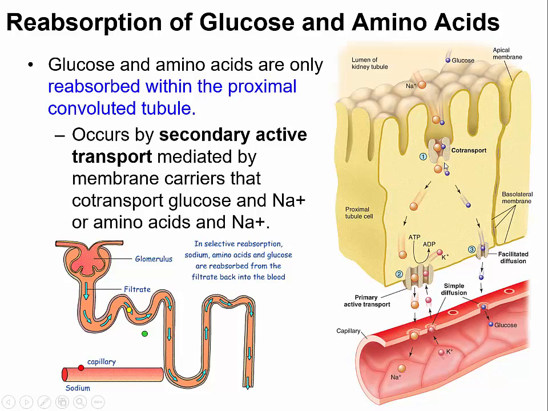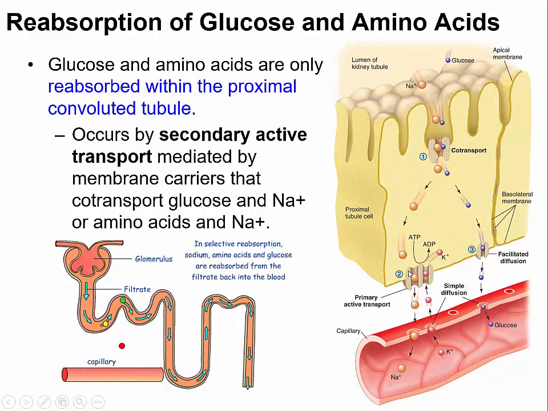So remember that in secondary active transport, you use ATP, but it's used indirectly. So where's the ATP being used? Here's that sodium-potassium pump on the basolateral membrane. In order to keep sodium low here in the proximal convoluted tubule so that sodium continues to move down its concentration gradient, you have to pump sodium out here. You're moving 3 sodiums out for every 2 potassiums in. Remember, sodium is higher here in the interstitial fluid outside the cell.